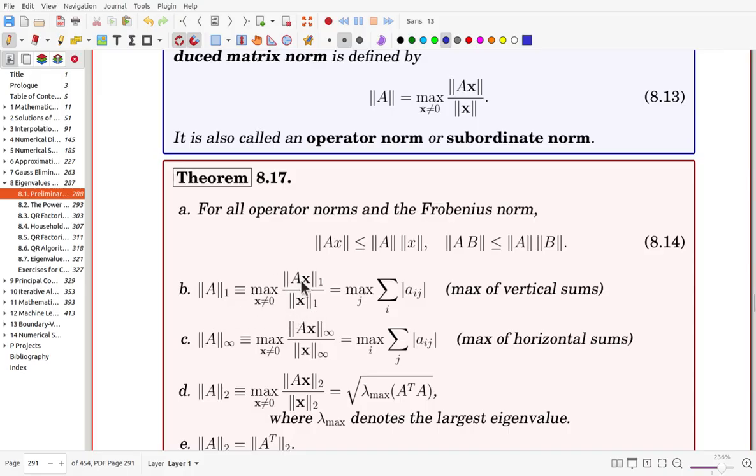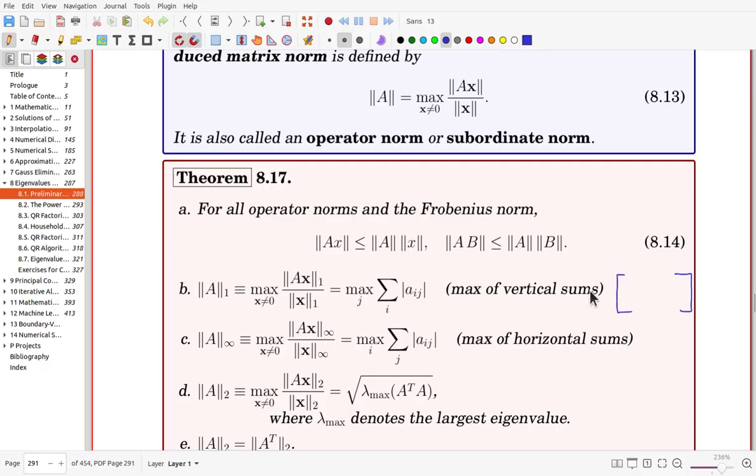But for this quantity, it's not easy to figure out, so we need a computational formula, which is exactly this one. For every entry of the matrix, take the absolute value, and the summation is in the i direction, so a vertical summation. Okay, let's visualize it.